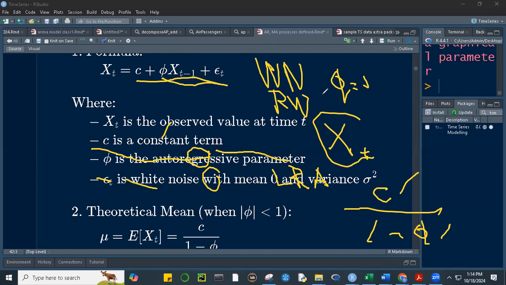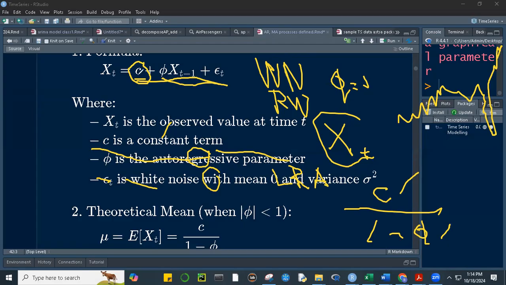Random walk can be two types. Random walk with drift. With drift means that C is existing. This is not equal to 0. So that's with drift. So what will happen to your time series now is that it will meander. It will go anywhere. It's a random walk already, class.